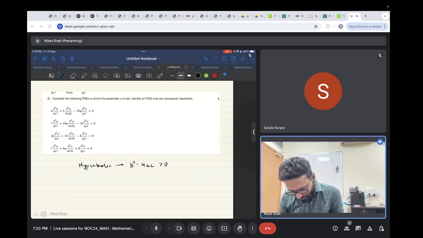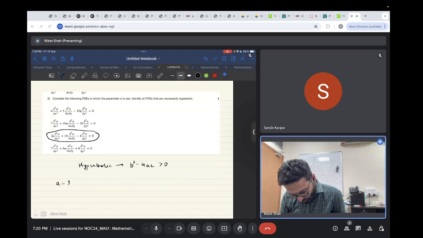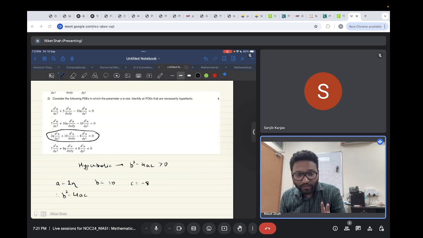Let's choose, say, randomly the third one, that are necessarily hyperbolic. So let's see what we get. A is equal to 2 eta, B is equal to 10, C is equal to minus 8. So therefore, B square minus 4AC, I'm doing the third one.